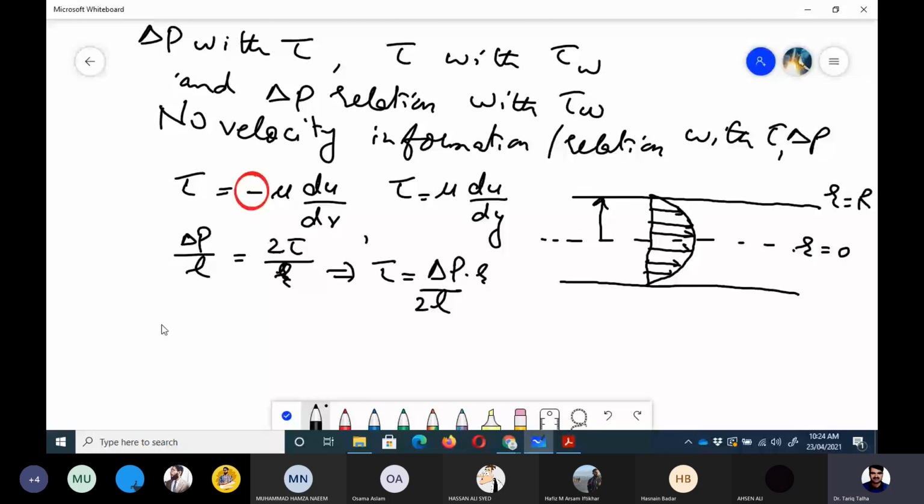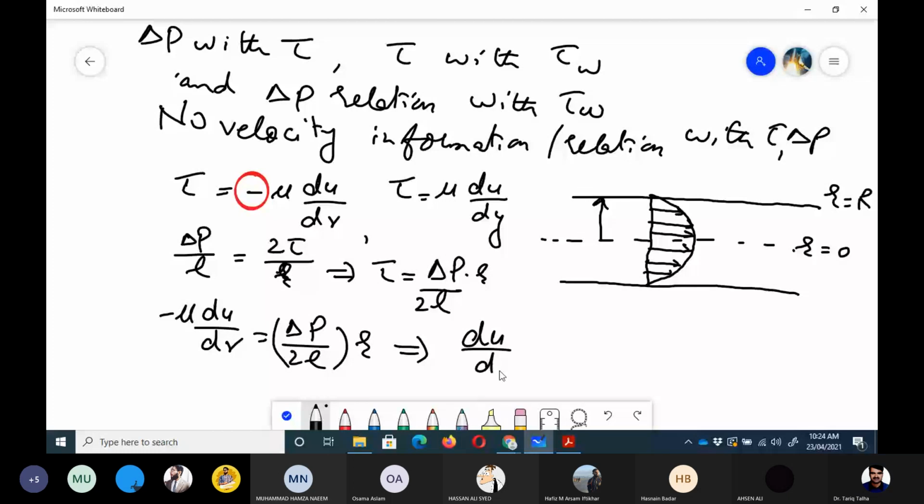That would be minus mu into du by dr is equal to delta p upon 2L into r, and then I can further write du by dr is equal to minus delta p upon 2 mu L into r.